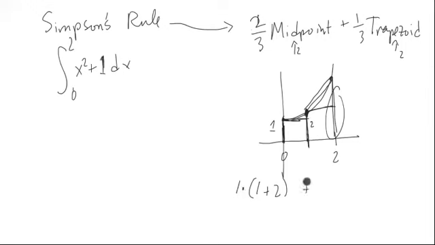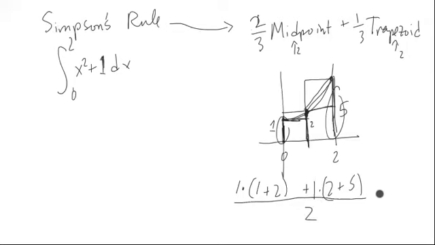Now the right-hand rule: we look this way, so it's equivalent to taking the sum of all the heights, except don't include the leftmost. So we do 2, and this height over here is 5. And so we get 2 plus 5 times 1. We take the average of all this. So on the top, we get 10 over 2, which is 5. So the trapezoid rule will give us a 5.